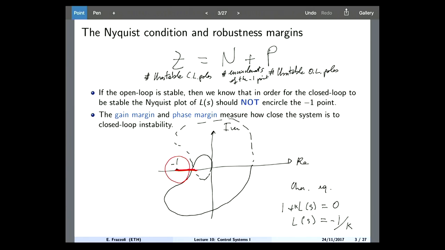Think of this now as -1/k, so going back to your point. The length of this line is telling me by how much I can make k larger while still maintaining closed loop stability. It goes exactly to where the Nyquist plot intersects the real axis.